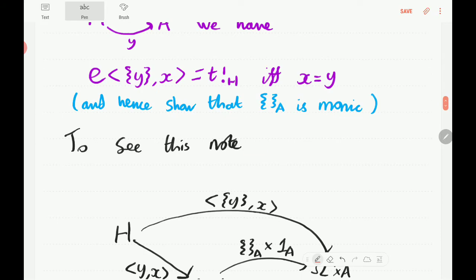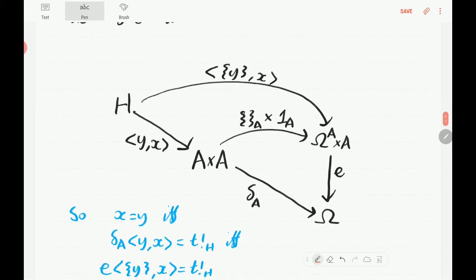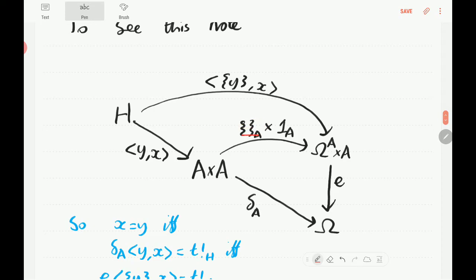So let's see the proof of it. The proof's pretty straightforward. Remember, we're defining this curly brackets A thing here as being the transpose of delta A. So then E after curly brackets A times identity A is delta A. And so this triangle commutes here. Also, this triangle commutes here just by looking, you know, what's curly brackets A times 1A after this?